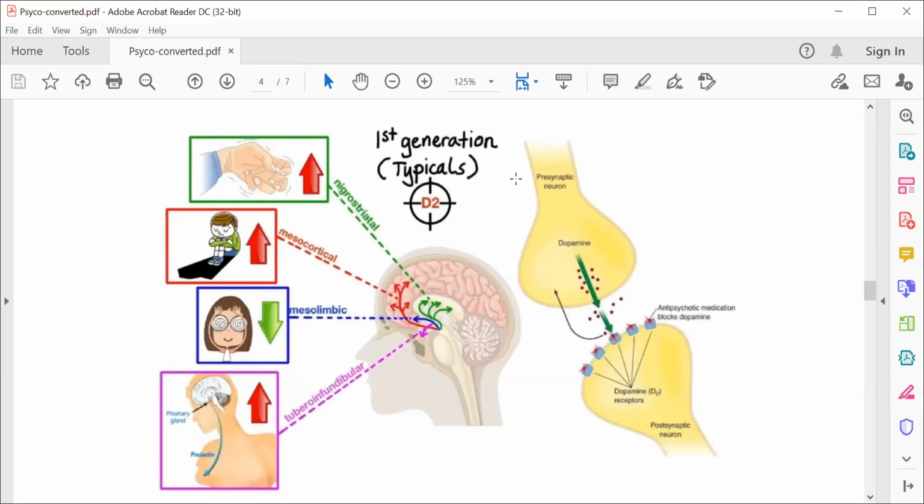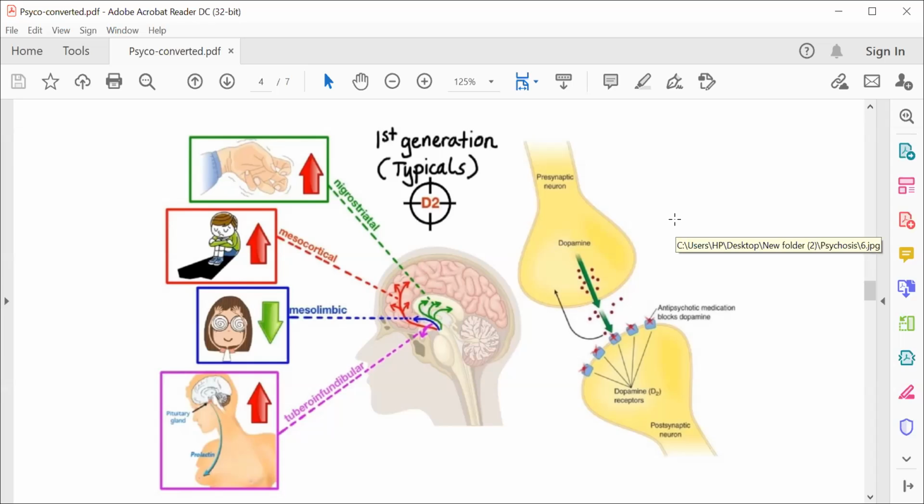If we start with the first generation, which are typical antipsychotics, the older version of antipsychotics, we will see that they work with less selectivity; they work almost everywhere on D receptors everywhere in the brain. This is why they are mostly associated with many side effects, and this is why we don't depend on them anymore.